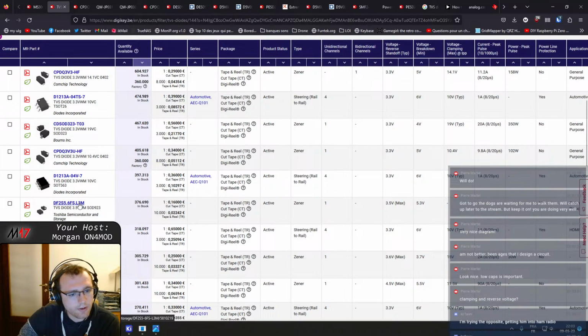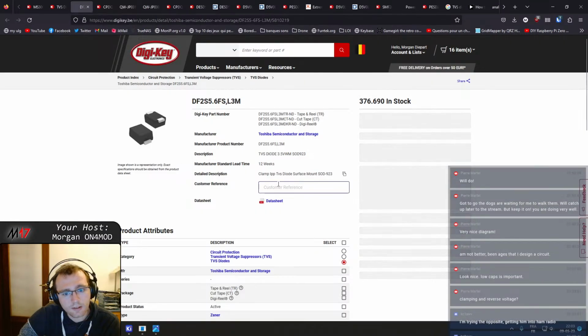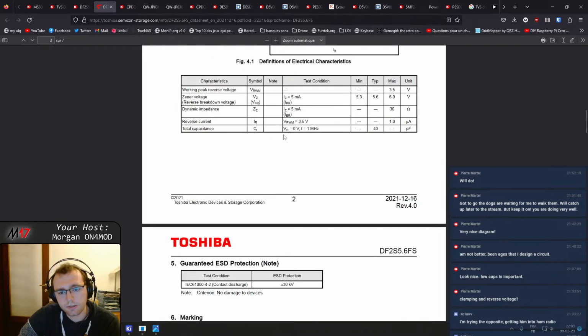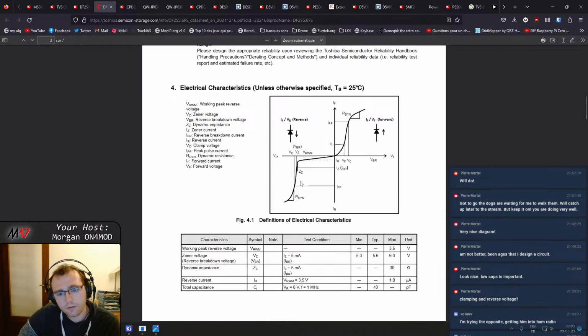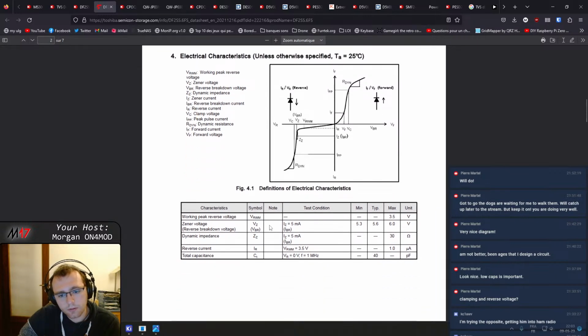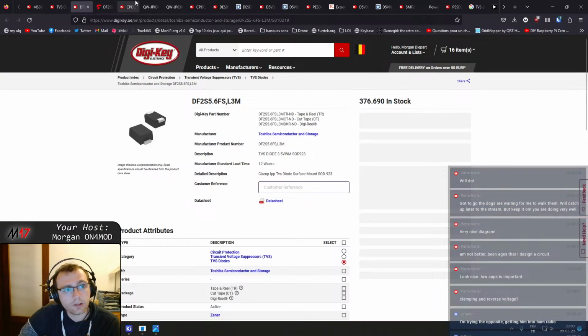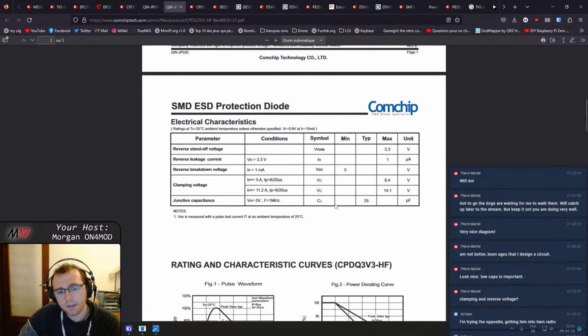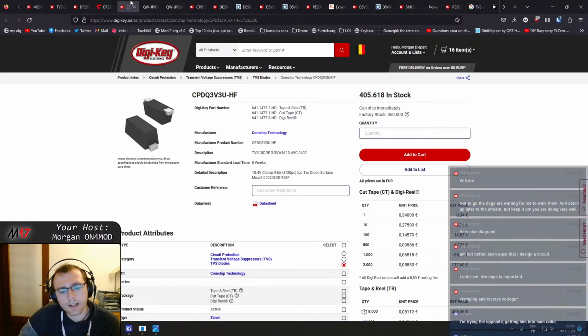I don't think that we are gonna find any device with much lower voltages. Oh, but we need to pay attention to the capacitance. 80 picofarad and 25. Ah, yeah, I didn't think of that.